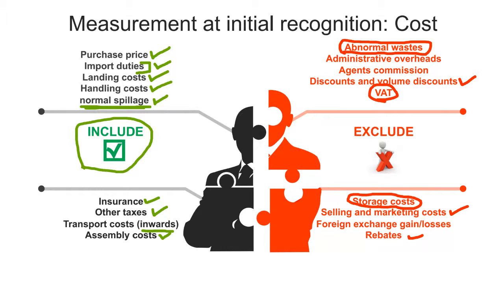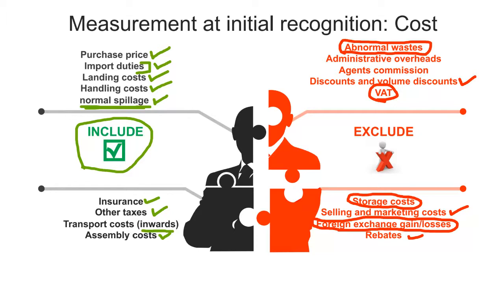Then Forex. We're going to deal with the Forex example just now. But Forex is basically the difference in price that results from foreign exchange transactions. And as you know, the rand to the dollar doesn't stay equal. It's constantly changing. As a result of that change, we can sometimes make a loss or a gain. That loss or gain cannot be included in the cost of inventory.